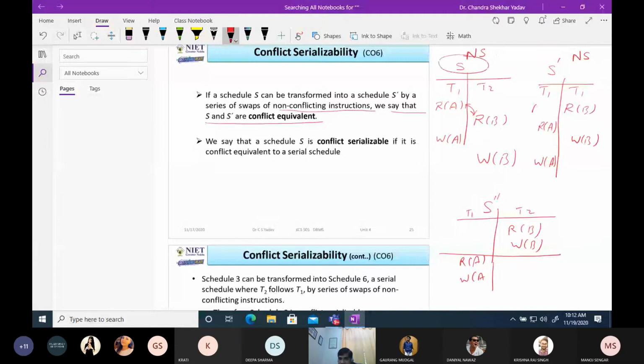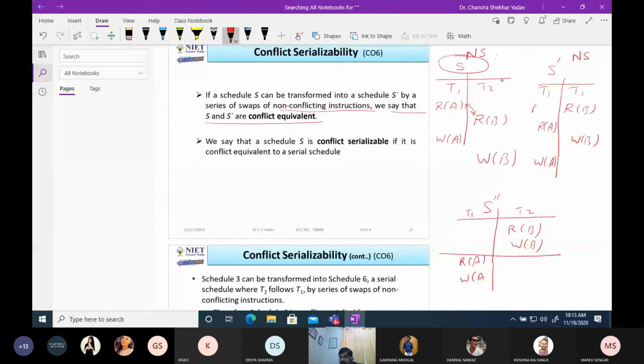This schedule is called conflict serializable. Why? Because this non-serial schedule is equivalent to a serial schedule which gives the same result produced by the non-serial schedule. Did you get it? Yes. What is the meaning of conflict equivalent and what is the meaning of conflict serializable?